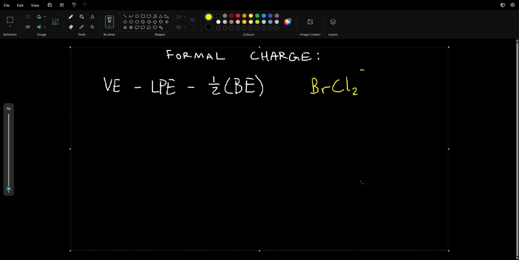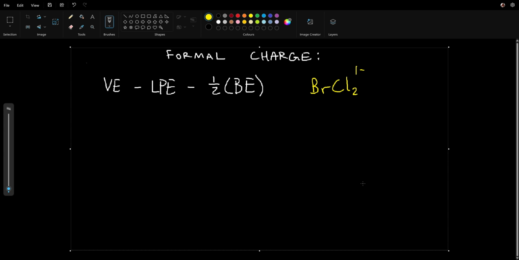So just finishing up this lesson, we're going to tackle another quick example where we have BrCl2 with an overall charge of -1. Okay, so starting off, we're going to use our rules and see which atom between bromine and chlorine is more electronegative.